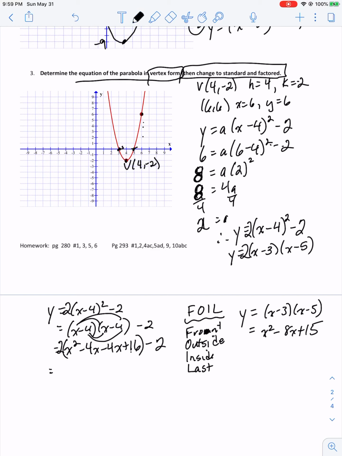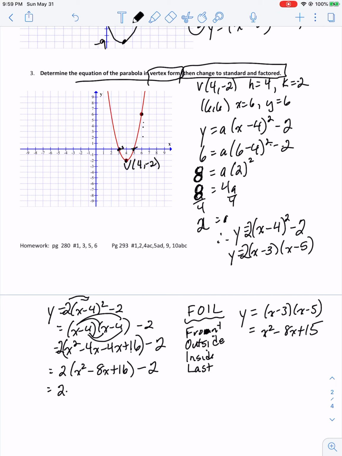All right, so that equals 2 times (x squared minus 8x plus 16) minus 2. This 2 is not being multiplied by negative 2. The 2 is only being multiplied in this bracket. But you have to expand the bracket before you can multiply the 2 through.